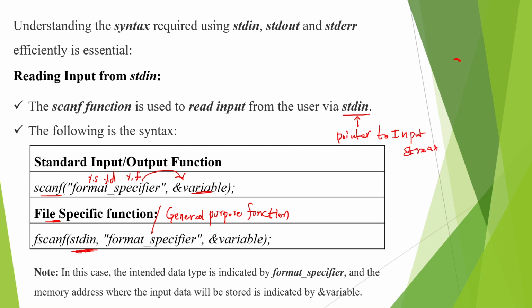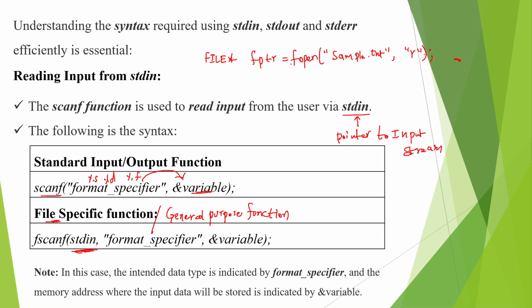Suppose you have a file with the name sample.txt, and I'm opening that file. How will we open it? FILE *fptr = fopen, assuming this file exists, "sample.txt", comma, and since I'm only reading the data, I'm opening it in read mode.